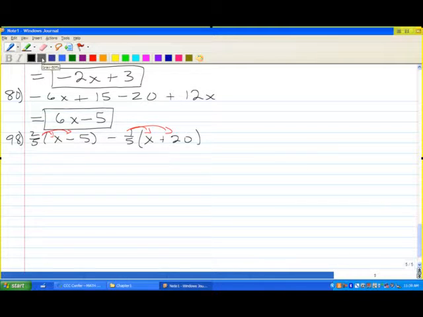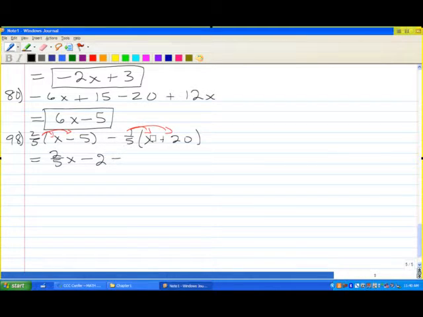Since it's an expression, the only thing you can do is simplify it. I can use the distributive property to simplify it, and that's it, really. And so 2/5 times x is 2/5 x. Positive times negative is negative. 2/5 times 5, well, the 5's cancel, so you get negative 2.